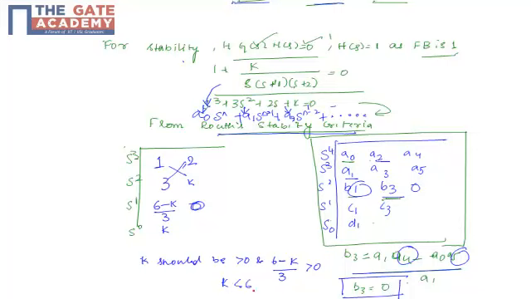So we have obtained the stability criteria as K less than 6.